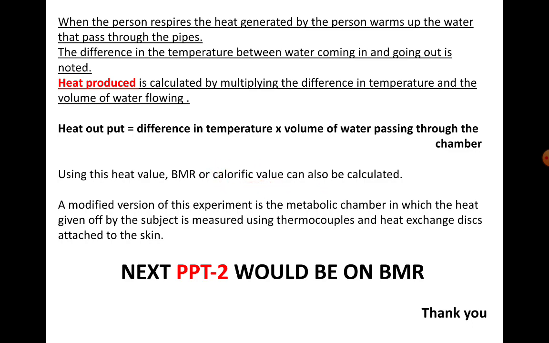Or in this experiment, we are calculating how much energy is spent by the person while doing sedentary activity like reading and writing. Now you also have a modified version of this experiment called a metabolic chamber, in which the heat given off by the subject is measured using electronic devices like thermocouples and heat exchange discs, wherein the water pipes are not involved, and these thermocouples and heat exchange discs would be attached to his skin.